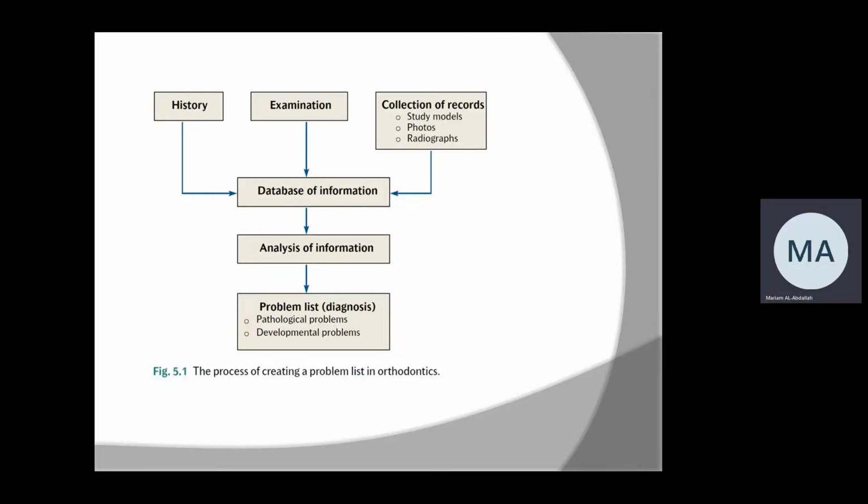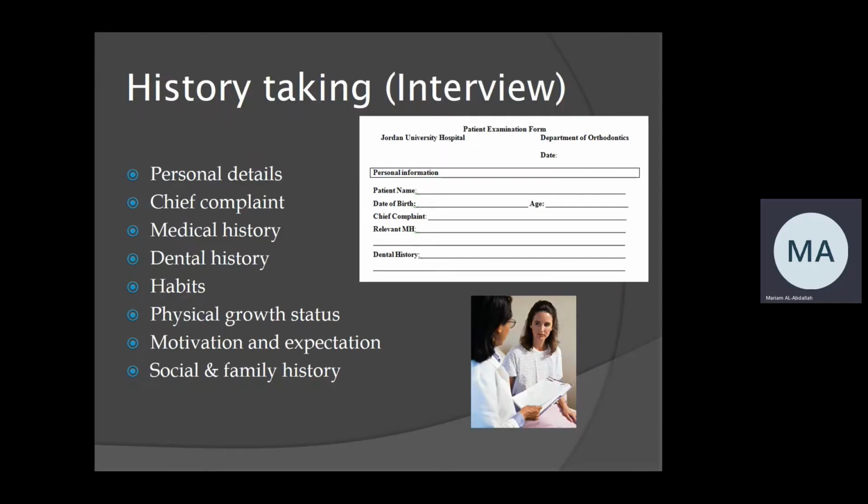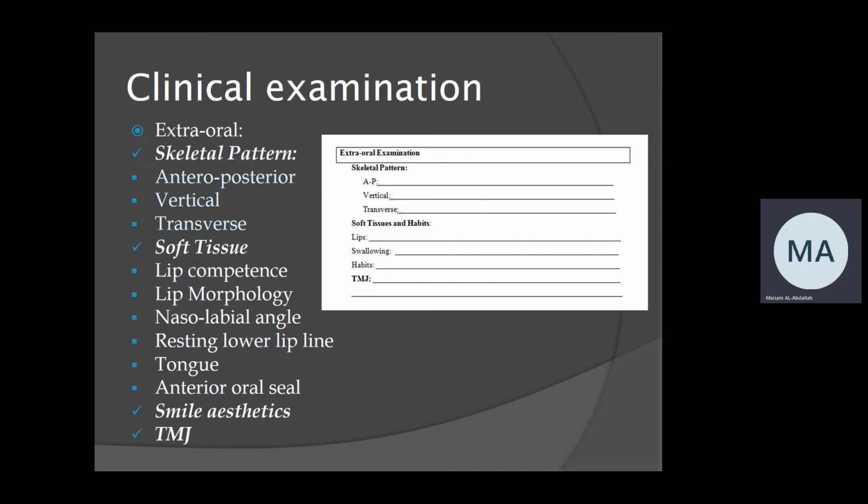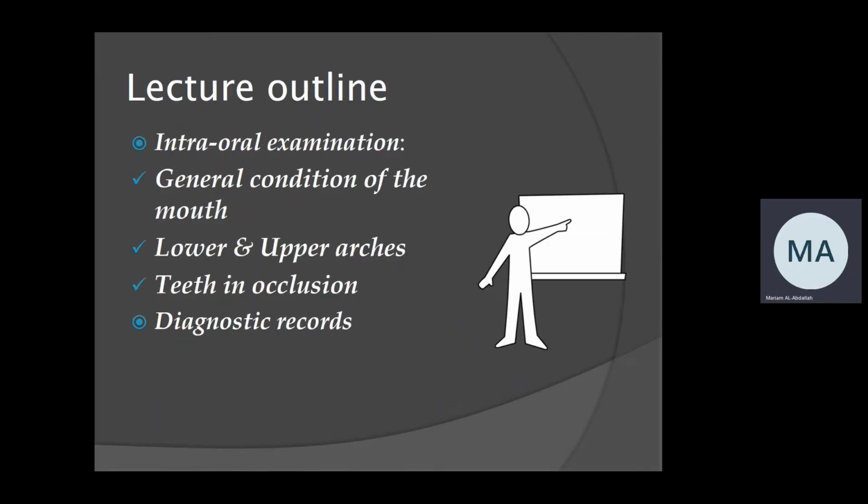Right, so as you remember, this is part of collecting the data that is necessary to reach a proper diagnosis and later on proper treatment planning for our patient. We talked about history taking and extraoral clinical examination, and today we're going to continue with the intraoral examination.